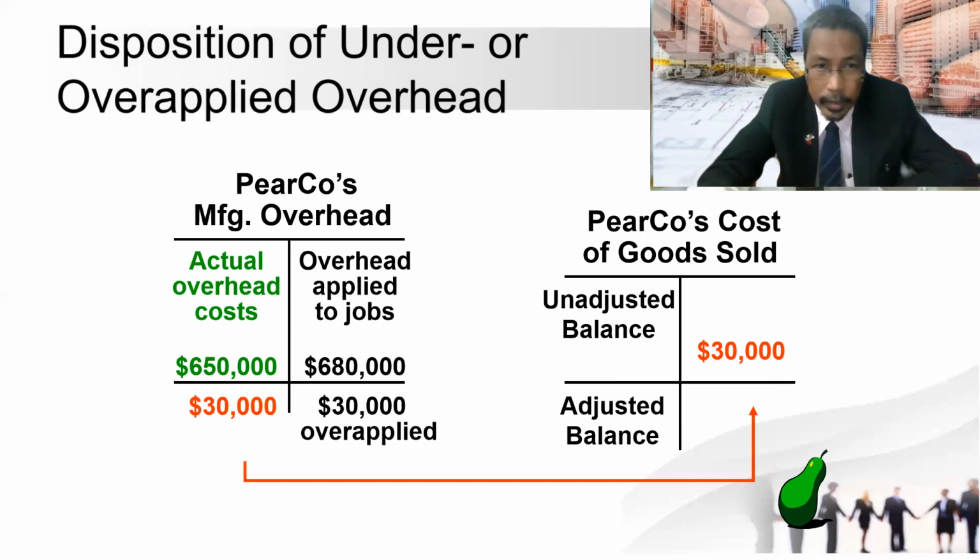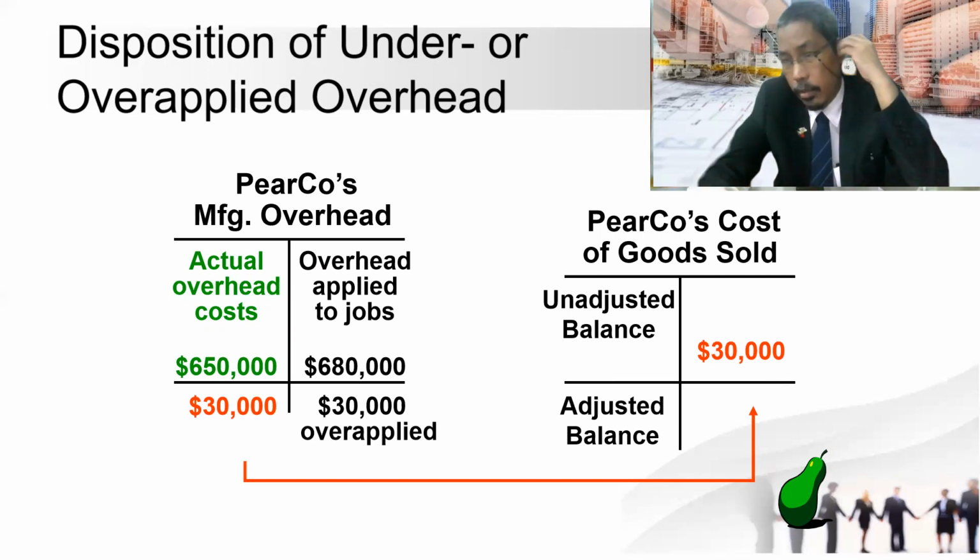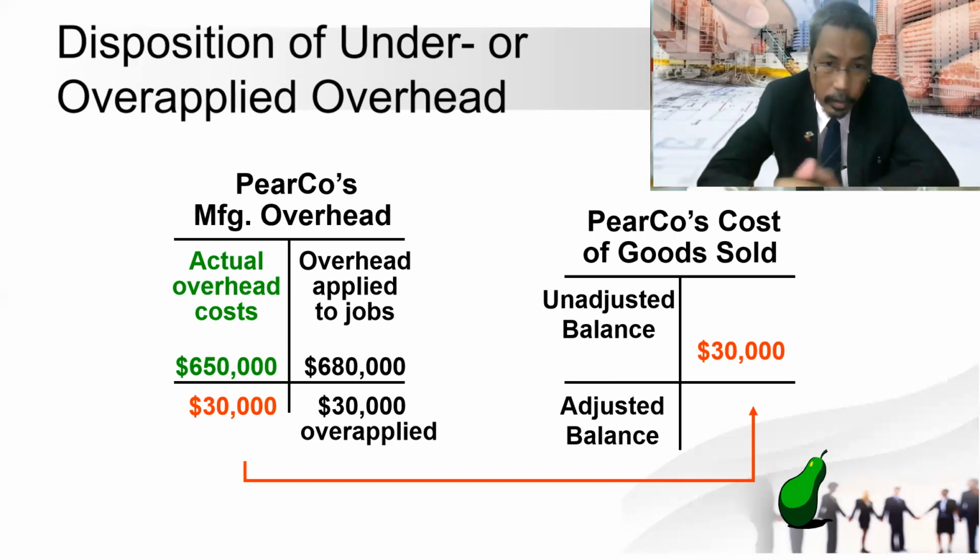If the situation is under applied, we need the reverse, right? In the first example, actual is 650 and our estimate is 680, which is over applied. The second example is different, so 1 million.